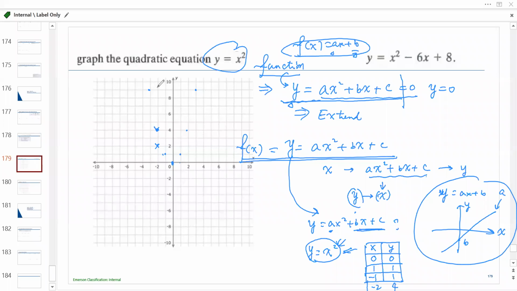So let's link them together. It's like this. They pass through here and go here. Like this kind of curve, right? We call it a parabola, like a ball bouncing on the ground and bouncing back.